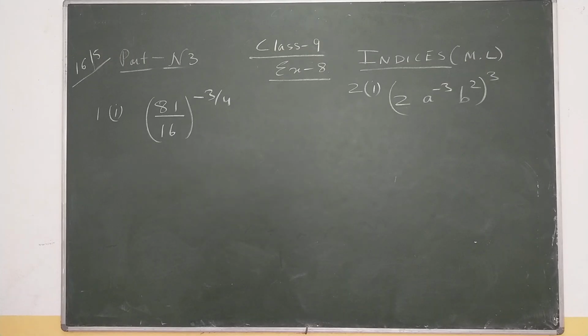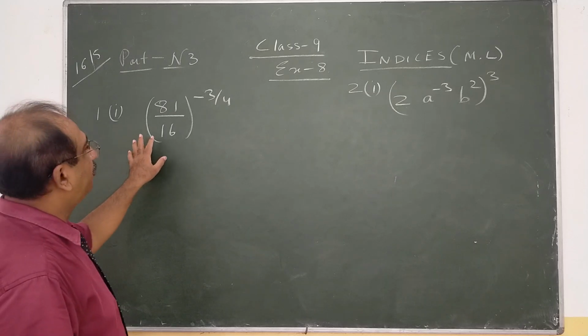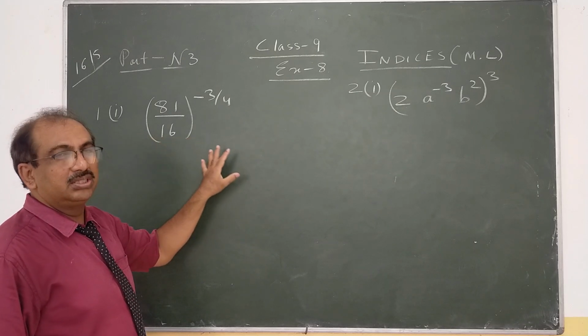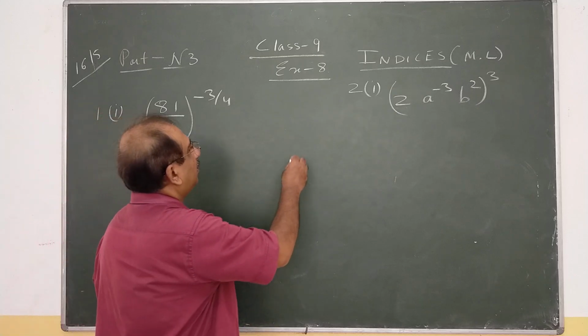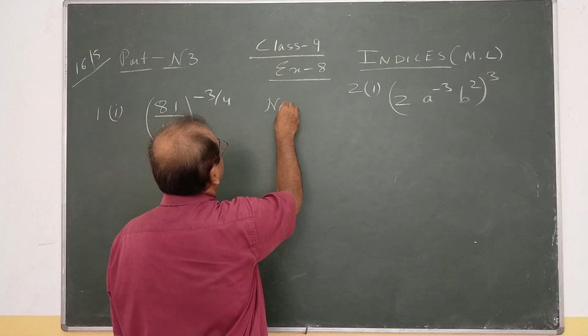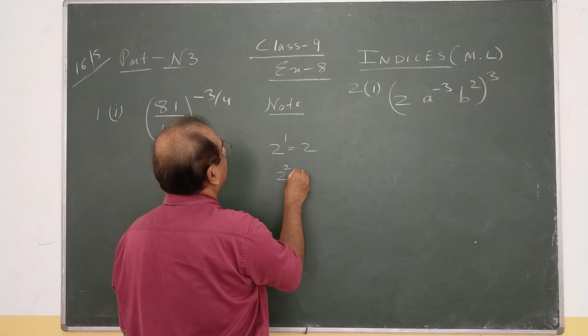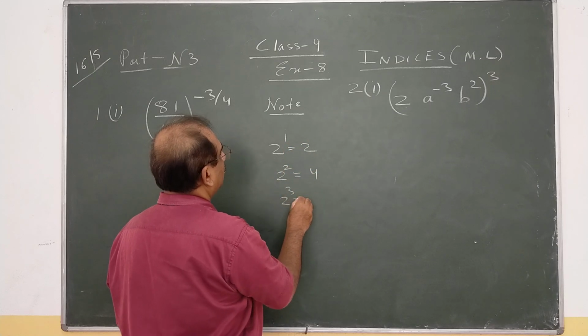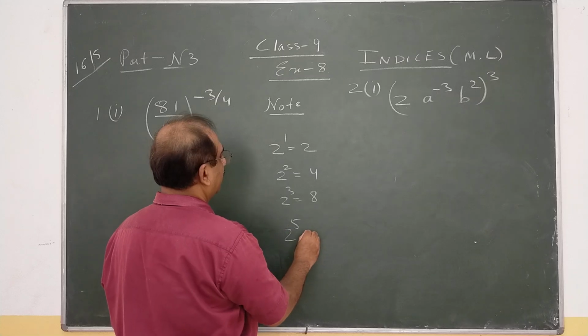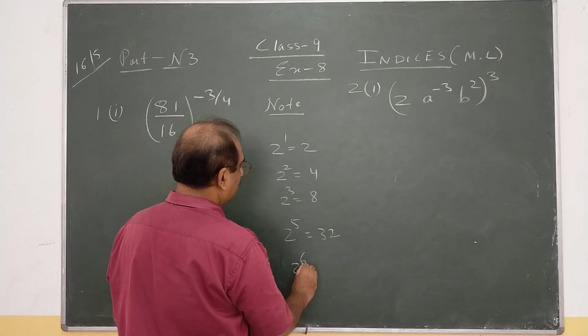So we start with part 1. The question is (81/16) to the power minus 1 by 4. Before you do this exercise, generally what I teach my children, you have to note the powers of 2, like 2 to the power 2 is 4, 2 to the power 5 is 32, 2 to the power 6.